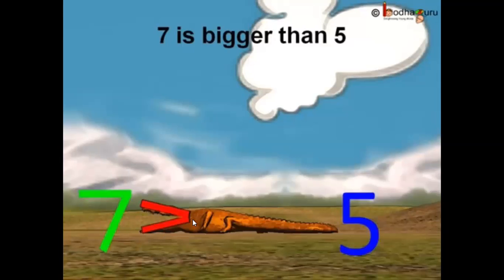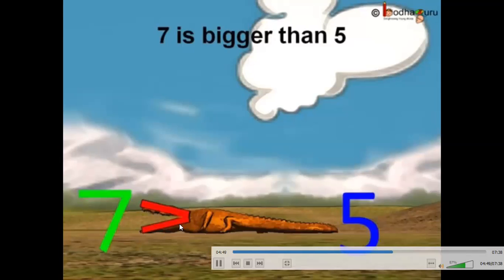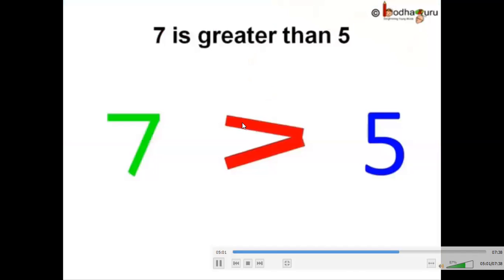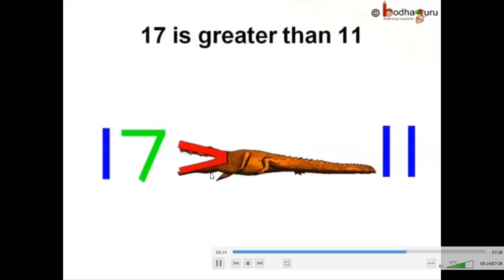This crocodile mouth shape shows the greater number, right? This sign is called the greater than sign. 7 is greater than 5.